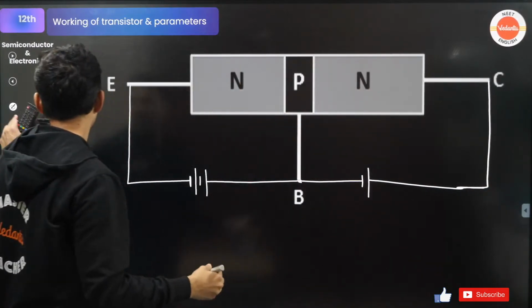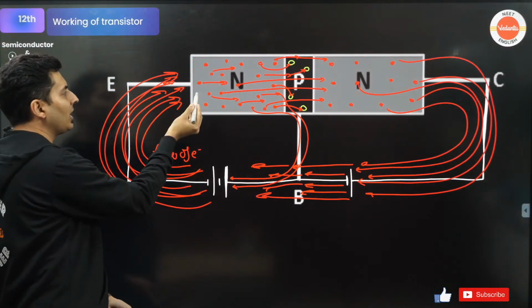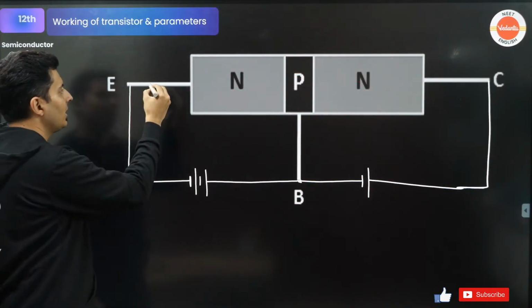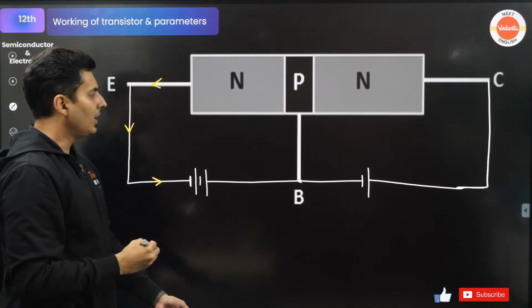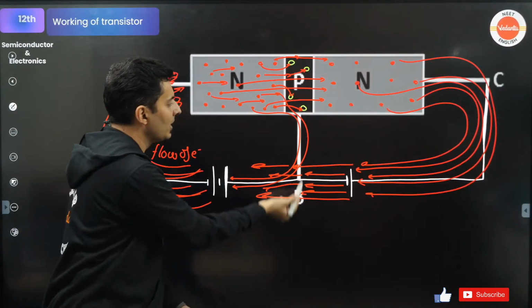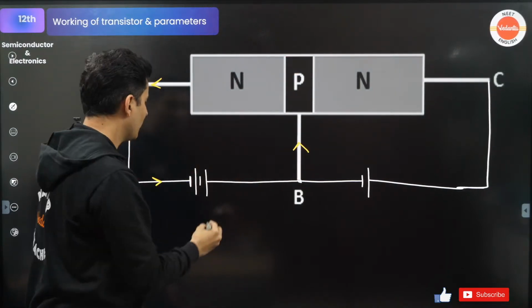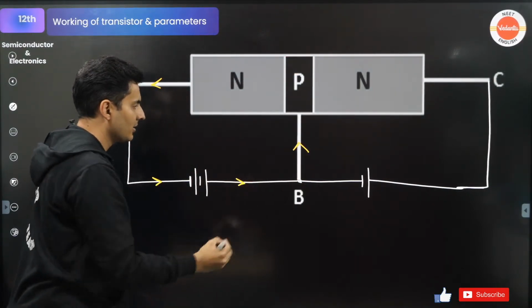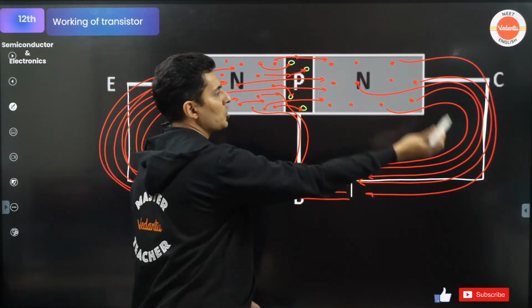The current will be exactly opposite. So if electrons are going in from here, I should show the current coming out of it like this. If electrons are coming out from here, I should show that it is going in like this, correct? Okay, all the arrow marks go this way. And over here, if the electrons were coming out from there, I should show the current going in.